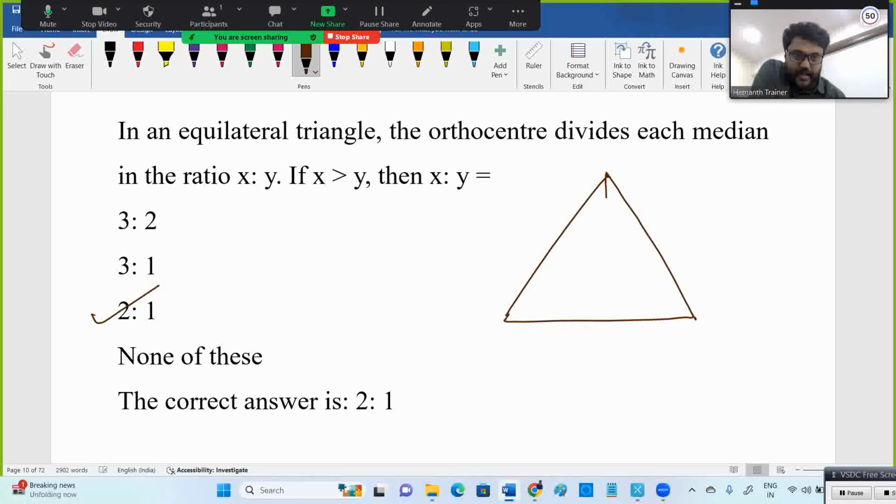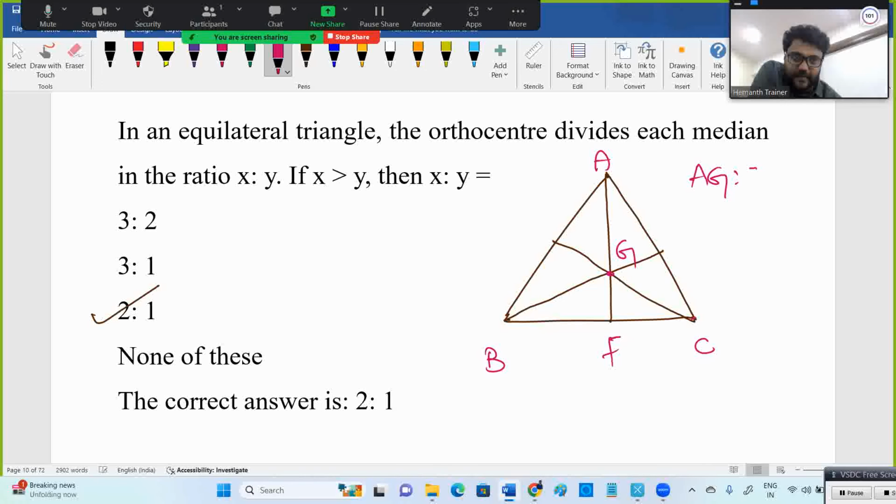So we have a median like this. Okay, this is an equilateral triangle ABC. Okay, this is the center G. So here AG and GF is nothing but 2:1 ratio.